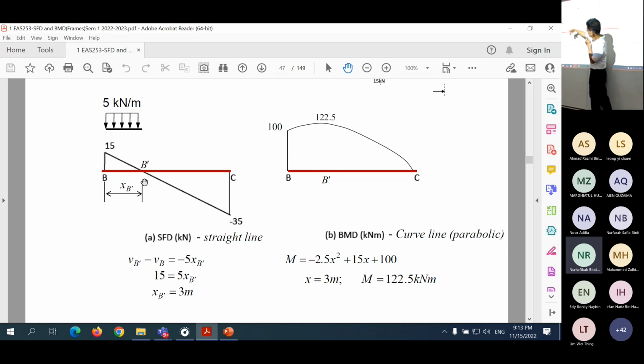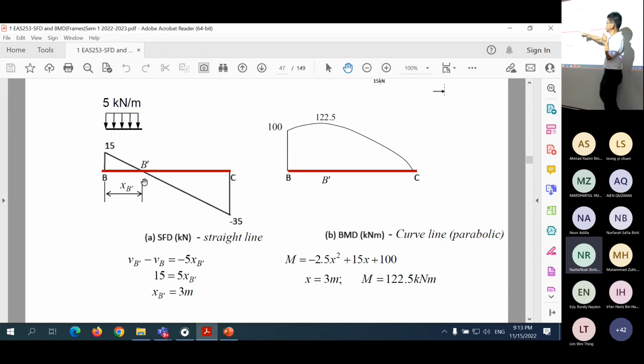This is going down, so minus 5 multiplied with the distance we want to calculate. So from here we get 3 meters. Then we substitute this into these equations here, and we get the maximum value there.